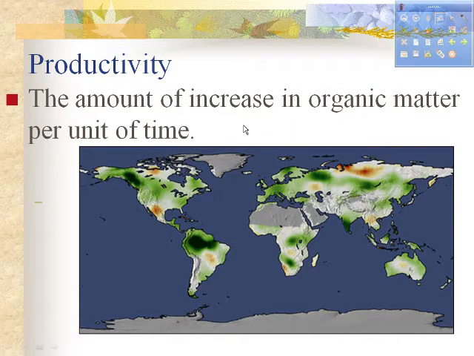Productivity is the amount of increase in organic matter per unit of time. So you can see some areas on the Earth are really, really productive, some are not at all. It kind of depends on where you are, but it's what you would expect. The high productivity areas are centered around the rainforests, whether they are tropical rainforests or temperate rainforests, whatever continent they're on.